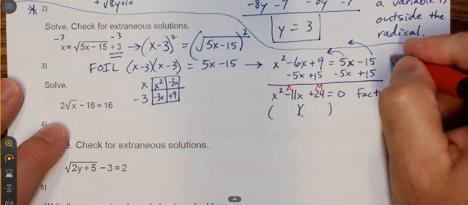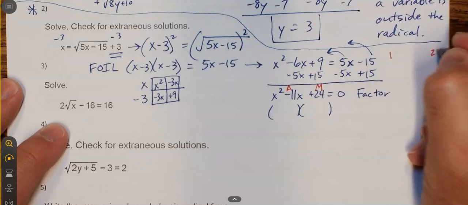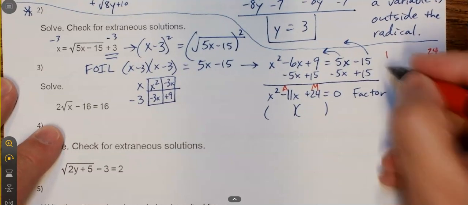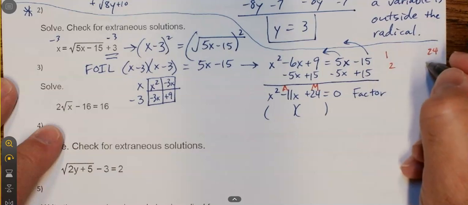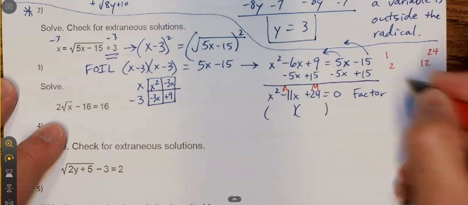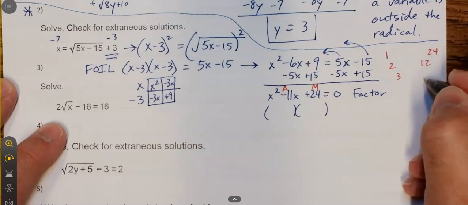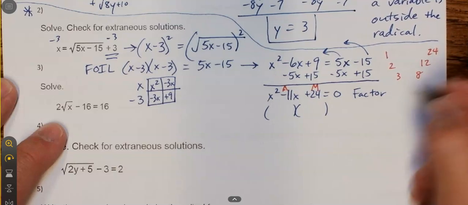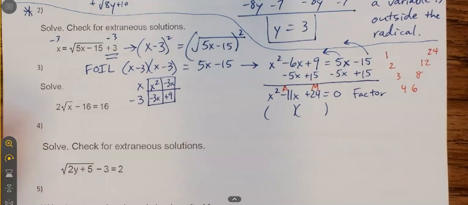Now, if you start thinking about your numbers that multiply to 24, you got 1 and 24. 2 times what gives me 24? 12. 3 times what gives me 24? 8. 4 times what gives me 24? 6. So these are the only choices you have.